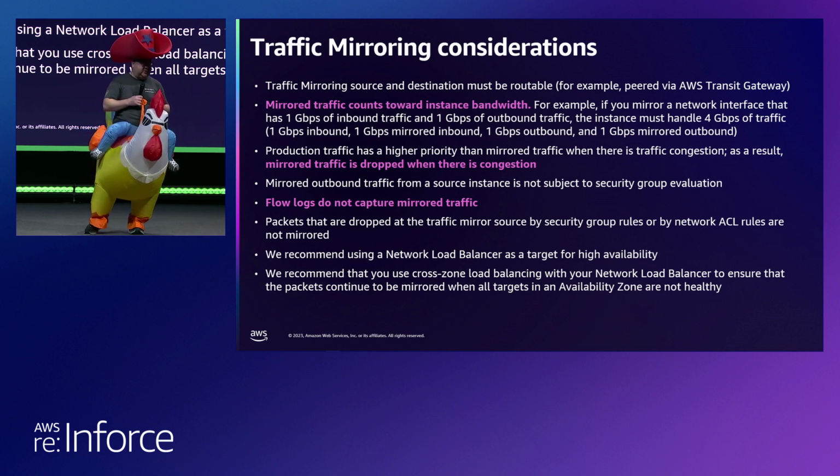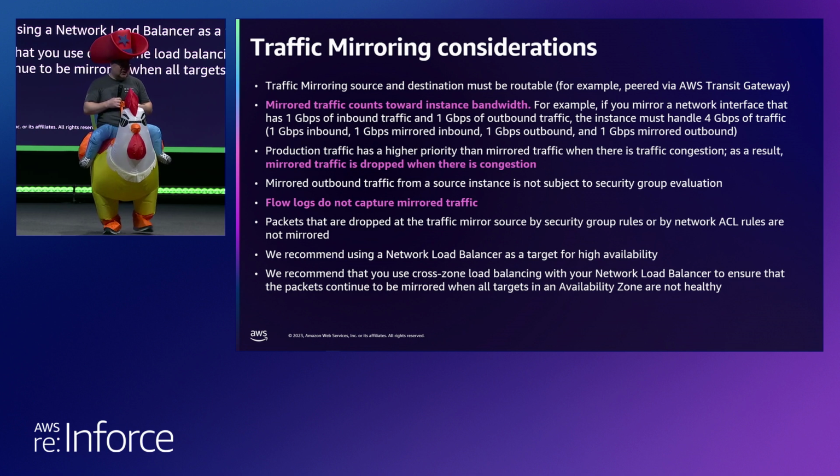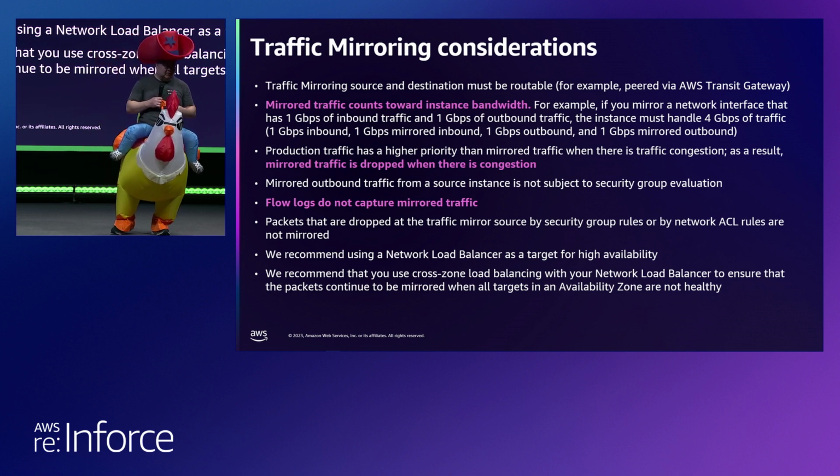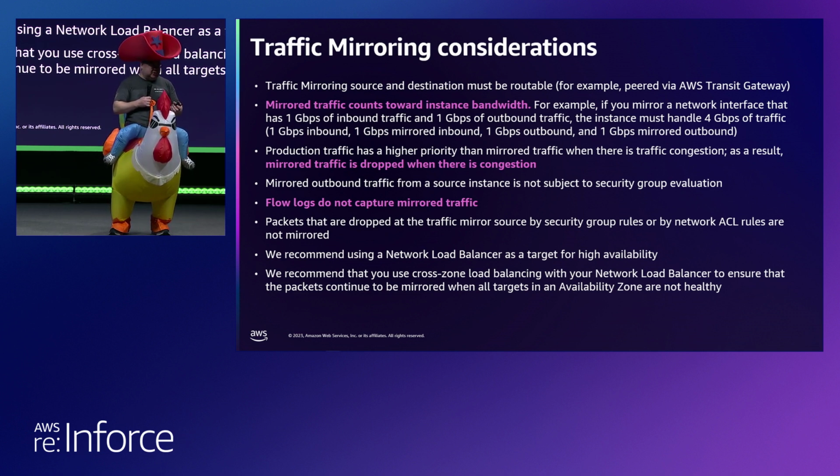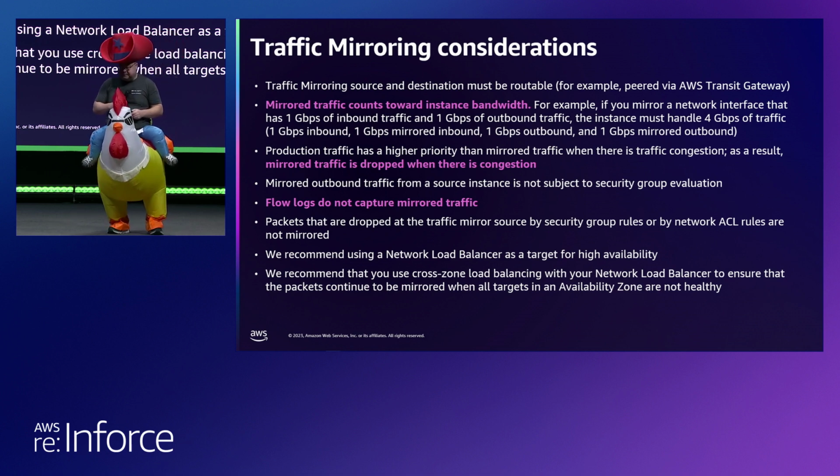And this is just simple good practice from a multi availability zone standpoint, right? If a zone goes offline and your traffic mirroring is highly critical to your security, then just make sure that you're doing good practice for resiliency design.